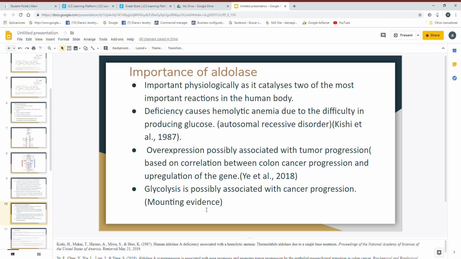And glycolysis is possibly associated with cancer progression. This is something else that has a lot of evidence pointing in that direction. There are a lot of research papers that point at the possibility that this process of glycolysis is associated with cancer progression.